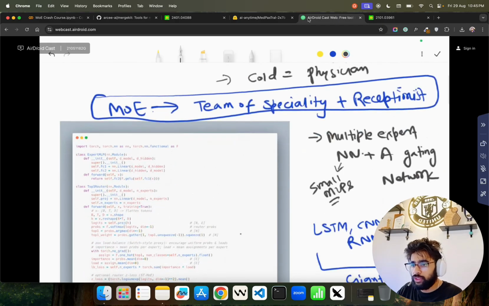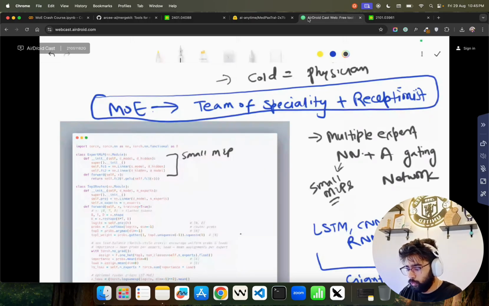Now, if you look at this first one, this is pretty simple. Here we have one small MLP. So this part that you see, it's a small MLP that we have. I'll just write on top of it, a small MLP, multi-layer perceptron. It's an expert, in that case. I'll explain that step by step.